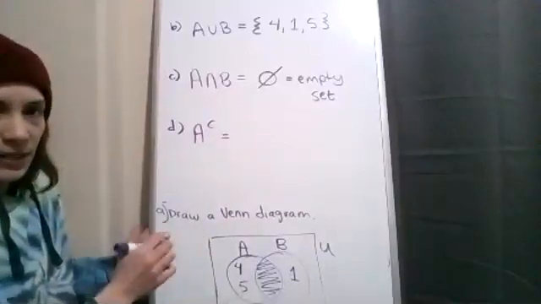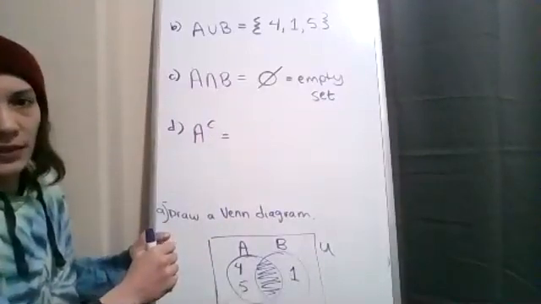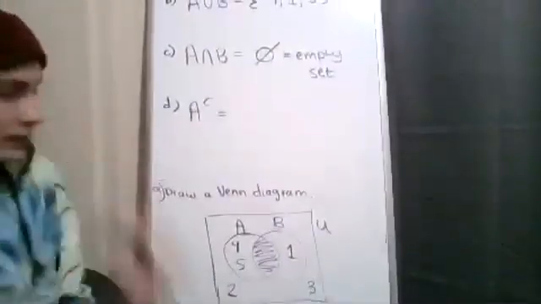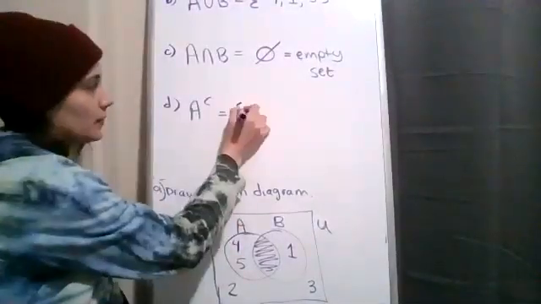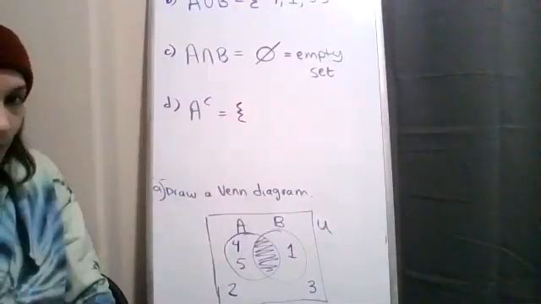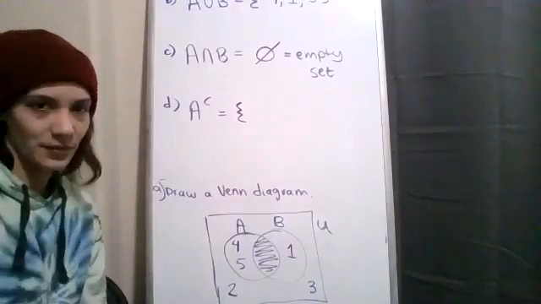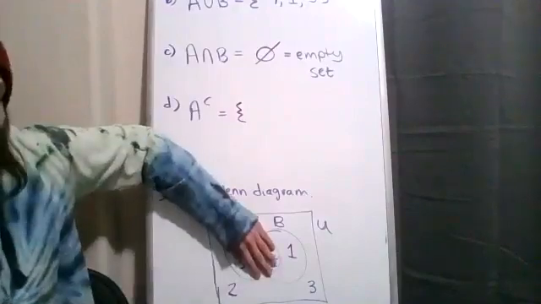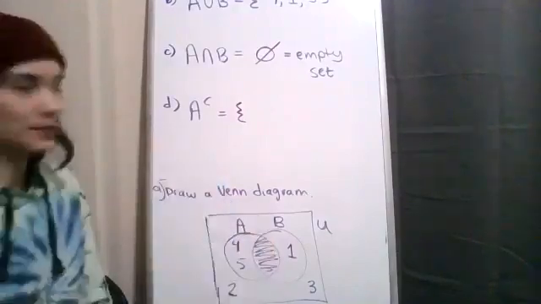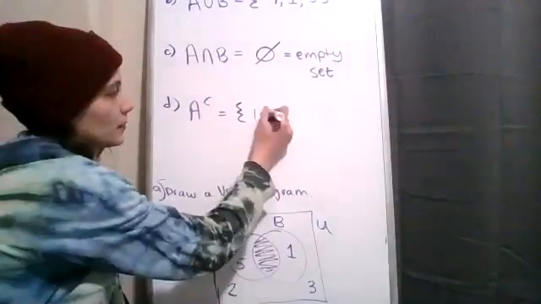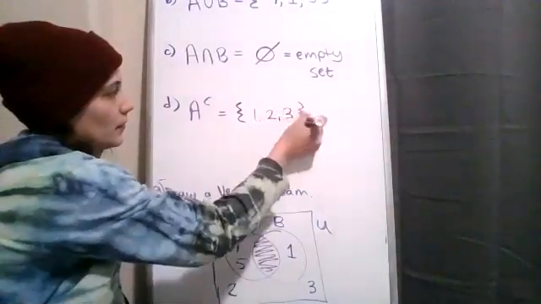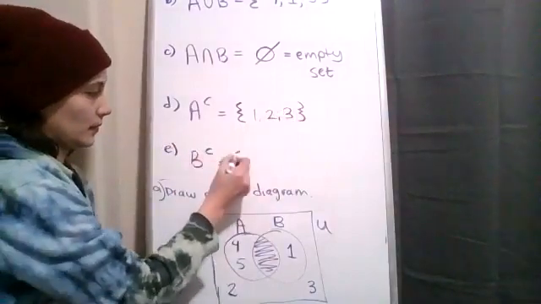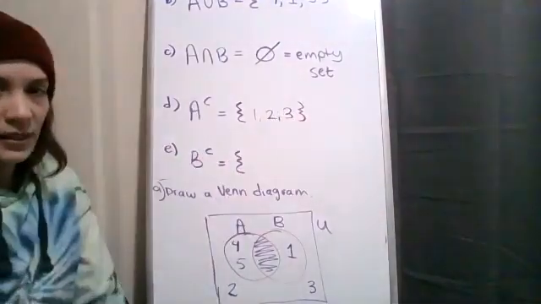Okay, someone tell me or type A complement, either way. Nobody. So anything not in set A, which is 1, 2, and 3. Okay, how about B complement?